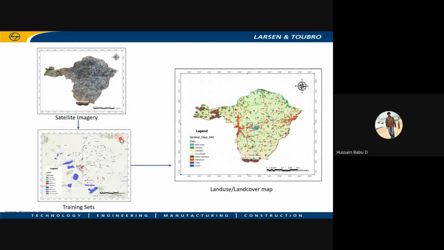As I said earlier, we need exact land use land cover for this automated pipeline routing. So based on the imagery, we can automatically do the image segmentation.